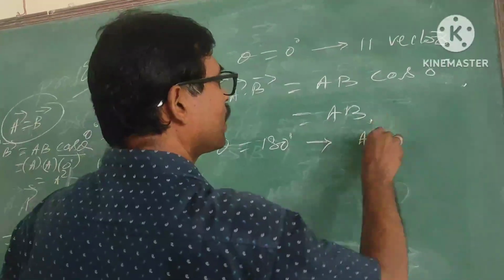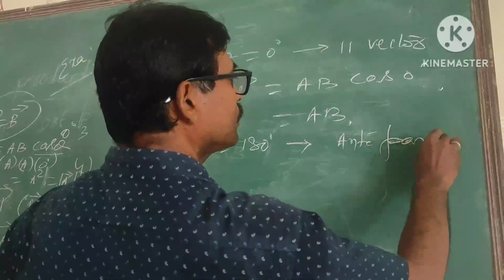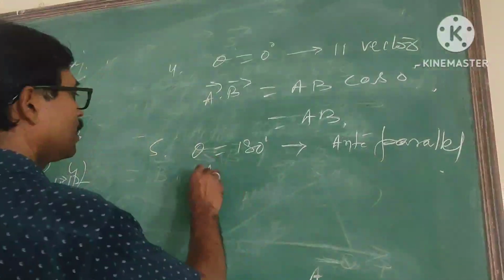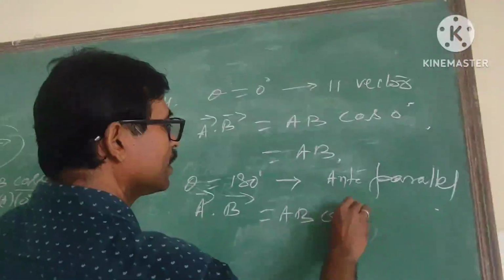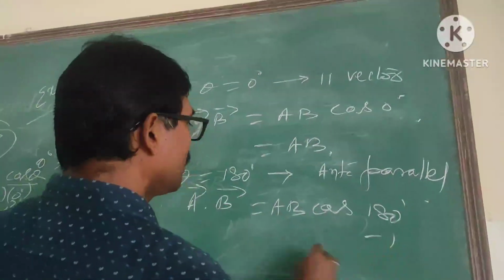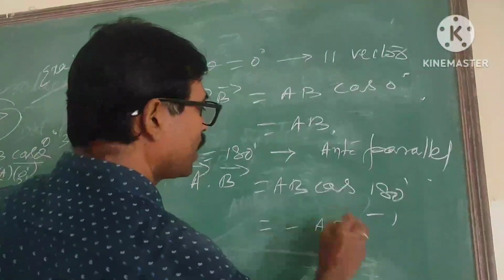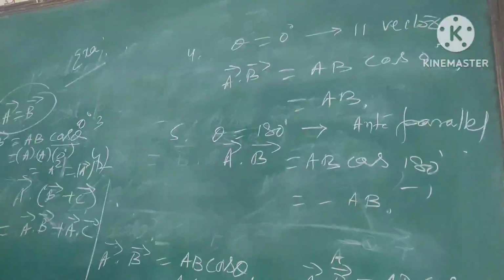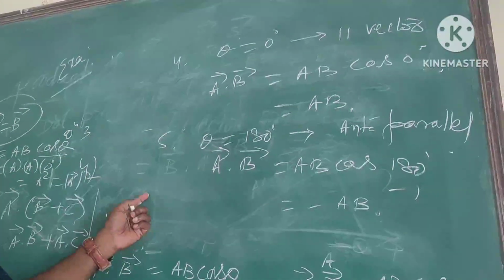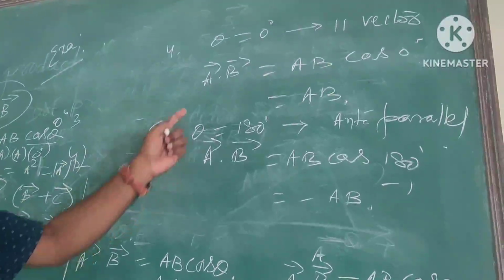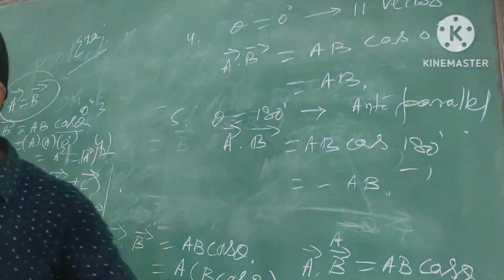So for antiparallel, A dot B is equal to AB cos 180. Cos 180 is minus 1. So it is minus AB, the minimum value. In this way, you will get the values depending on the condition, either parallel, antiparallel, or equal.